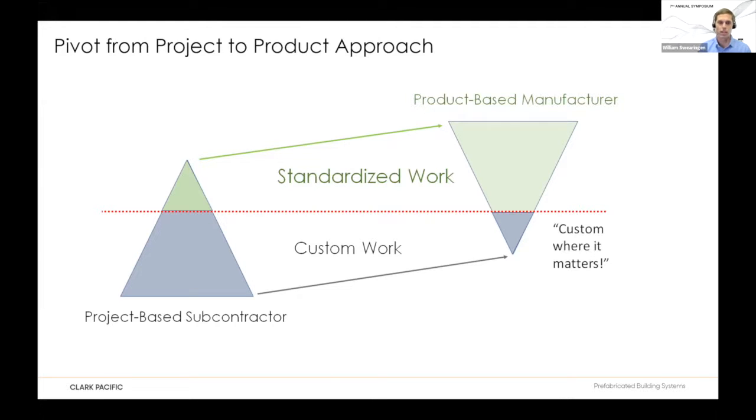Site considerations, architectural and finish considerations, and our capacity within our manufacturing facilities all lead to standardizing our work, but understanding how we deliver our product. So throughout our product delivery and development, we understand what we can standardize, but what we continue to need to do custom in order to create products that fit within our markets.